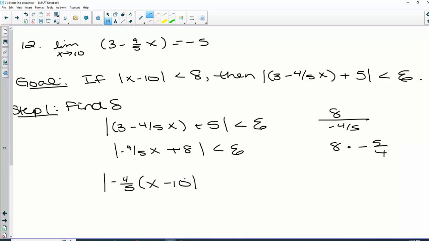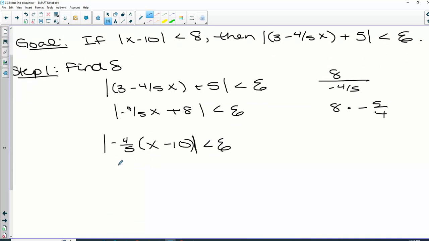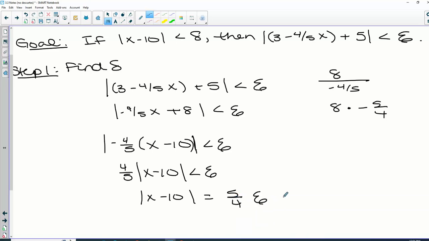I thought you took out a negative. But now I have to take that negative 4/5 out of my absolute value, and the absolute value will turn it positive. I thought I just forgot there was an absolute value, so how would I move that to the other side? Divide it. Divide by 4/5, or same as multiplying by 5/4. So it's 5/4 epsilon, or 5 epsilon over 4.